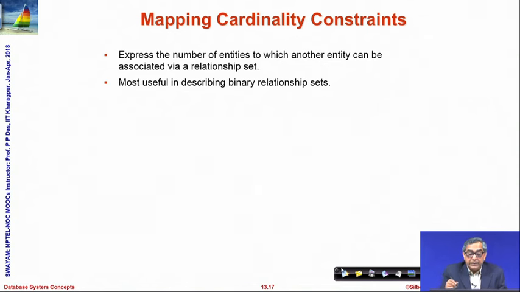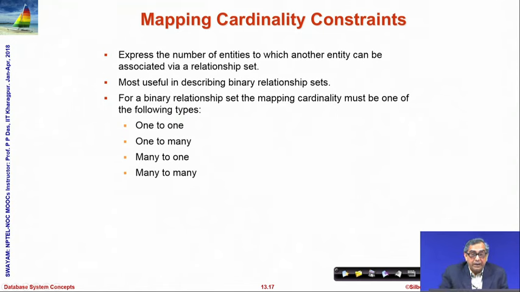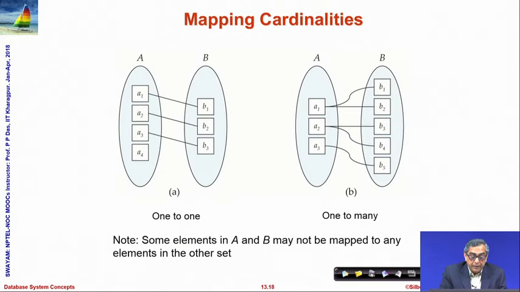Certain types of cardinality measures are very important to track, and we say whether it is 1 to 1, 1 to many, many to 1 or many to many.